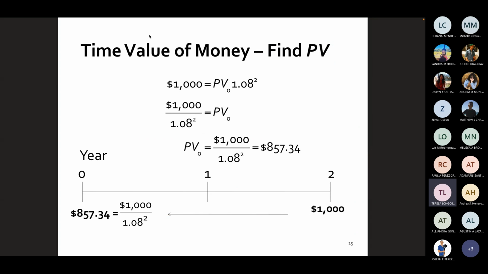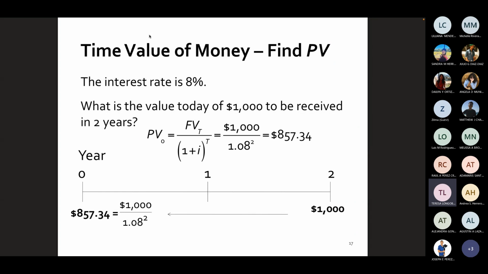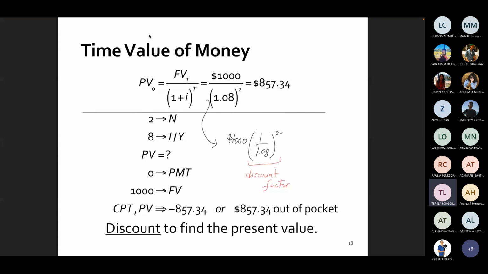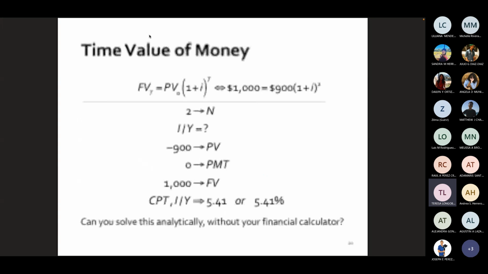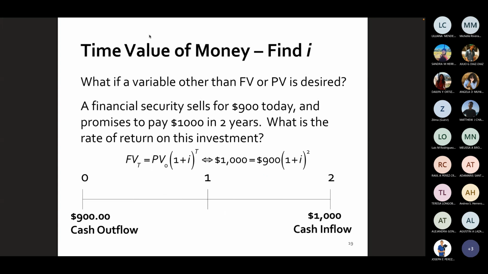All right, so I've done this problem entirely. We've talked about future value. We've talked about present value. That leaves two more variables. Using the time value of money relationship, find the interest rate.